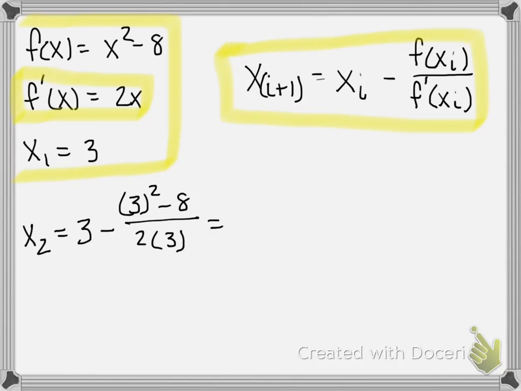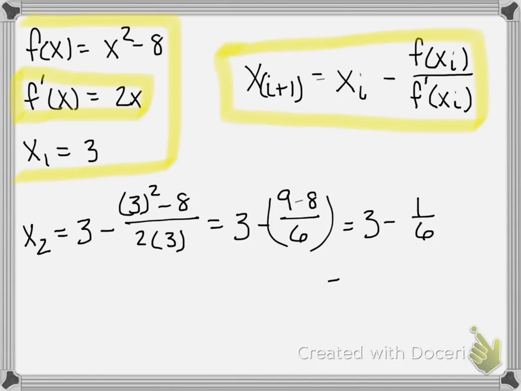So that's going to give us 3 minus 9 minus 8 over 6. So it's going to be equal to 3 minus 1 over 6.